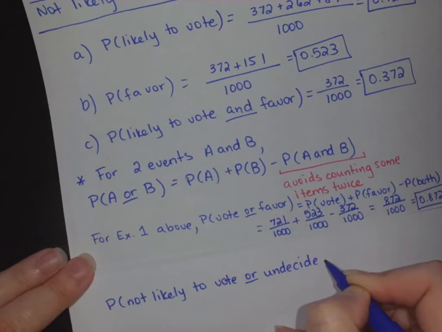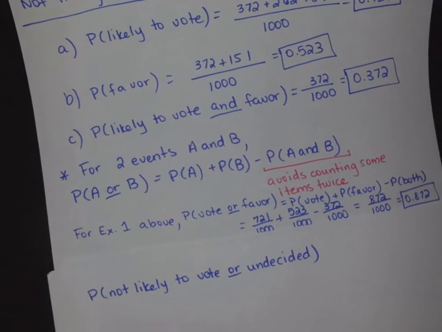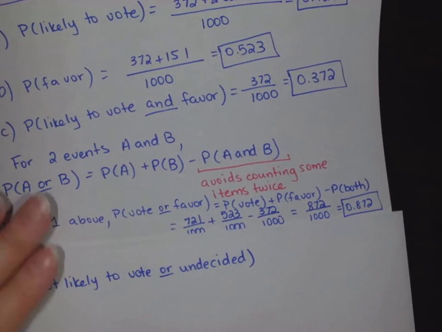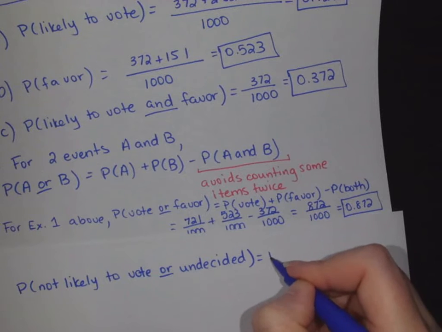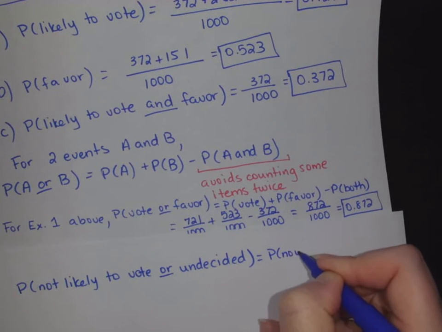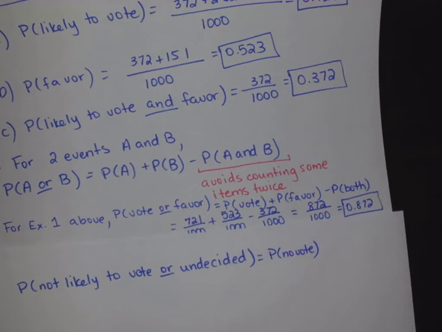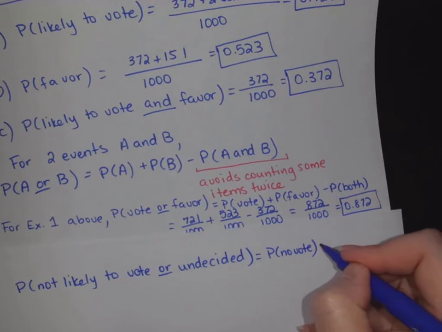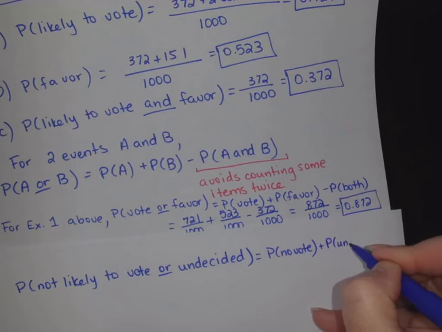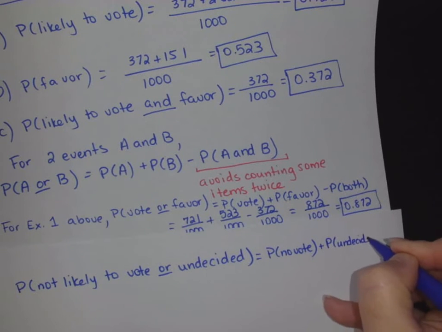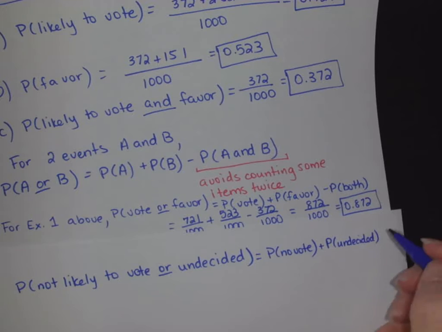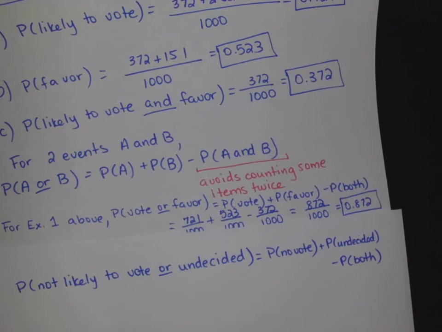So using the same contingency table, let's see if we can figure out the chance that they're not likely to vote or they're undecided. So this is going to be the probability, I'm going to abbreviate this, the probability that they're not going to vote plus the probability that they're undecided, but then don't forget to minus the probability that it is both.